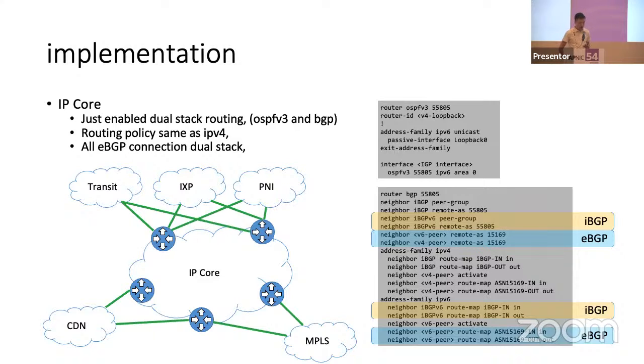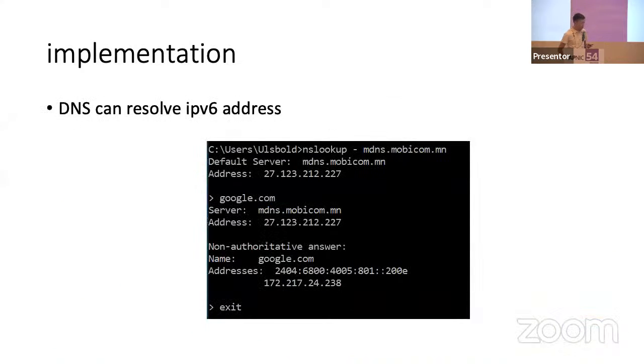The routing policy is the same as IPv4, and all eBGP connections were dual stack: transit, IXP, PNI connections, and also CDN and MPLS network. Here's a configuration sample of how we configure them. Also our DNS resolver can resolve IPv6 domains.